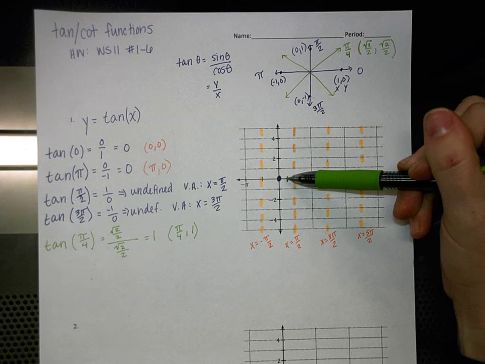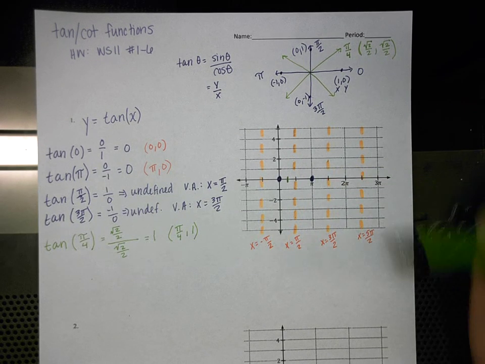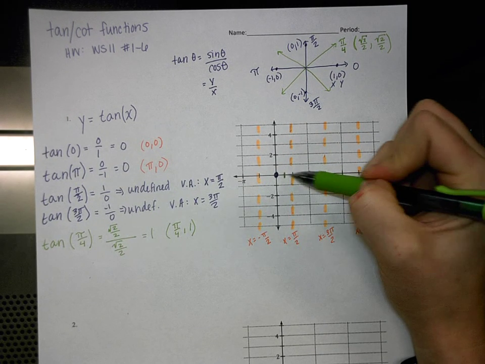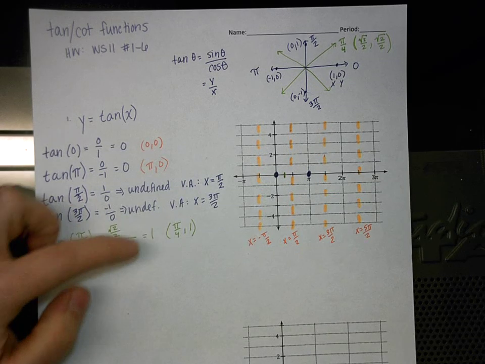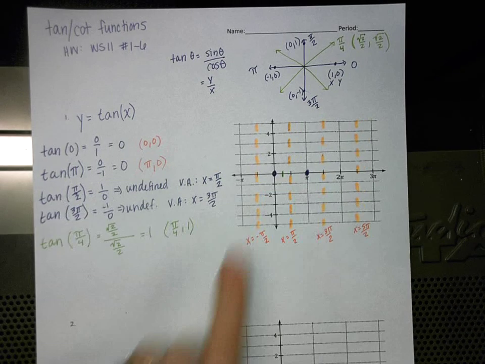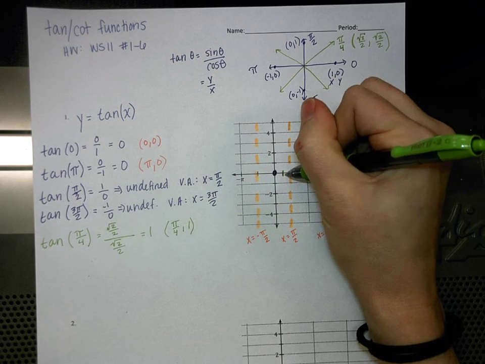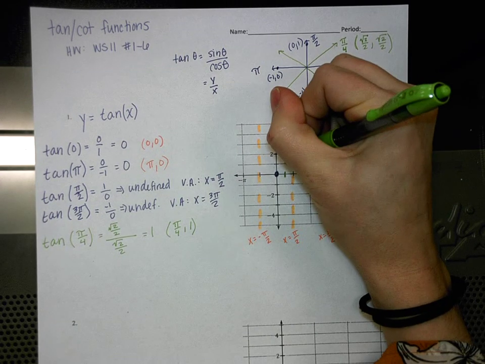So there should be 2 markings you do between 0 and 2 pi. So on this one, we only have 1 because it's halfway in between. So pi over 4, 1 is right here.